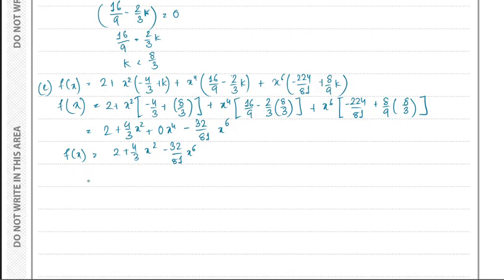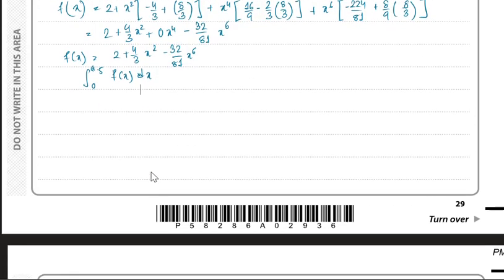Now we'll have to integrate f(x). We have been given limits of 0 to 0.5. Integration of f(x) in terms of dx, because f(x) is in terms of x, so we have to integrate in terms of x as well.